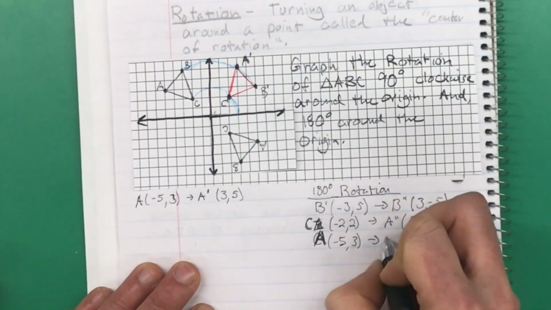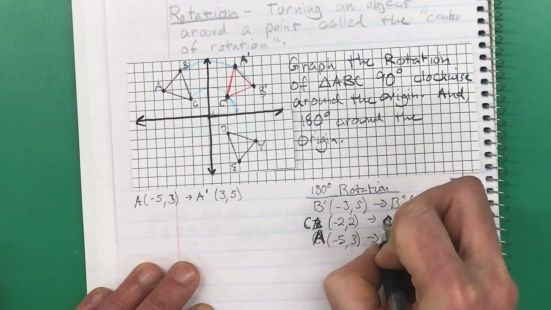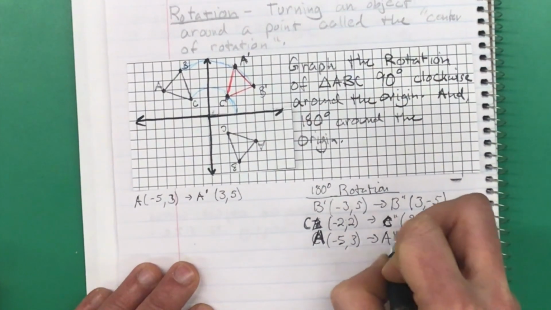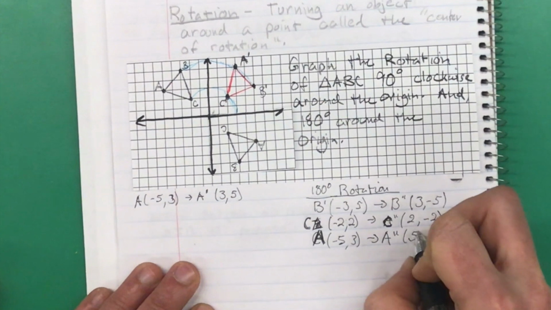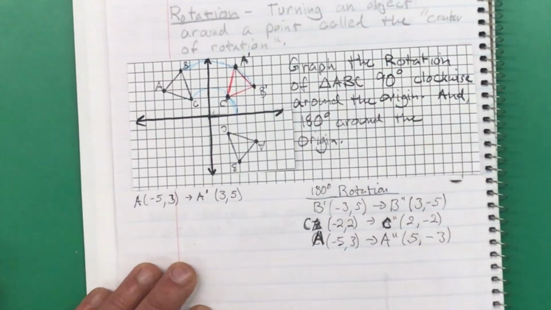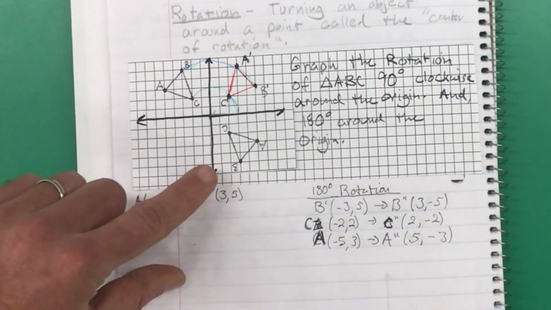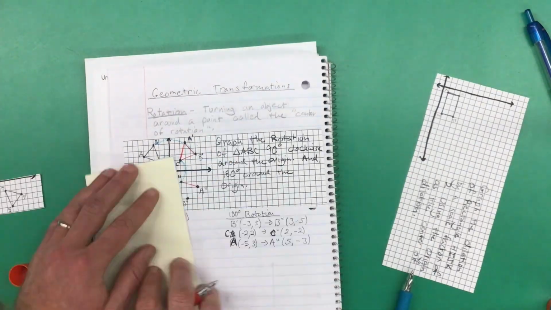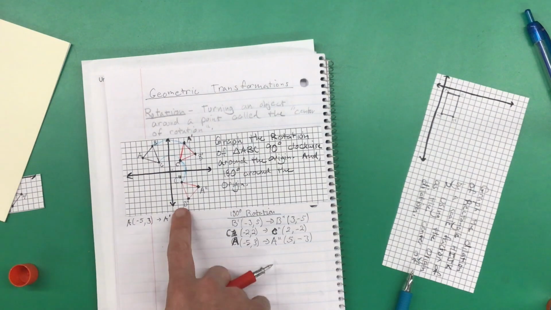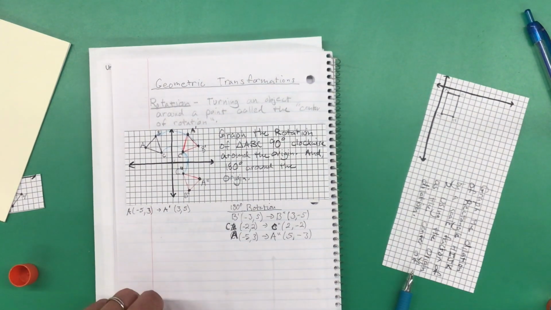And in a 180 degree rotation, it's going to be flipped. It's going to be positive 5, negative 3. We just changed the signs. So let's go ahead and plot those. And there you have it, a 180 degree rotation.